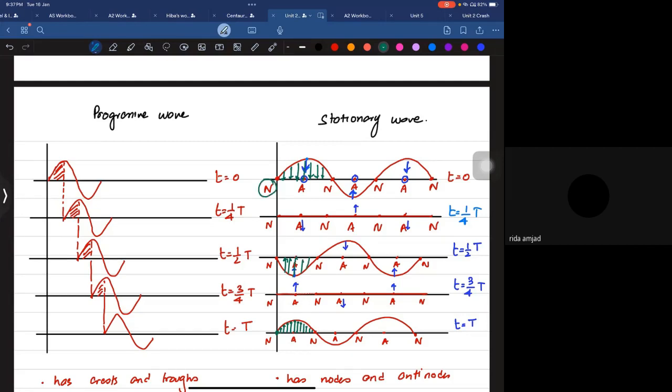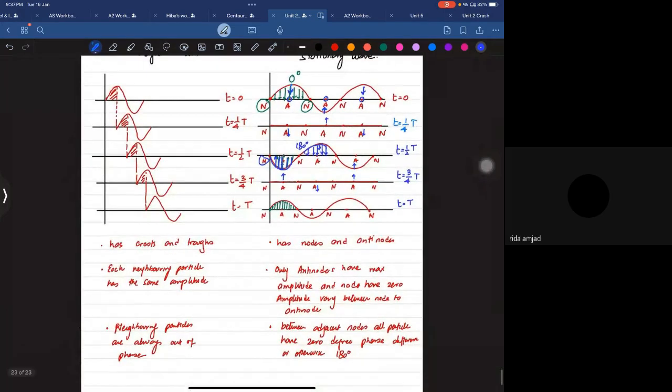So between a node and the adjacent node, all these particles have 0 degree phase difference. But if you compare to this section, when the particles move up from this one, here the particles move down. So between all these particles and all these particles, there is 180 degree phase difference. So in stationary waves, either they will have 0 degrees, which are the neighboring particles between nodes, or otherwise they will have 180 degree phase difference. There is no other value of phase difference in it. All right, kids? Yes, sir.